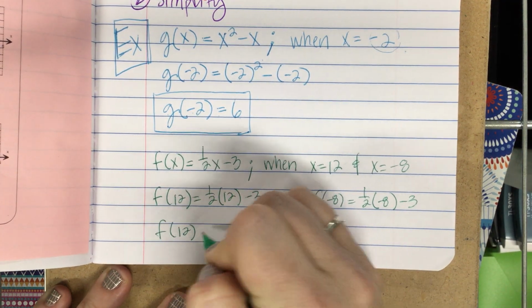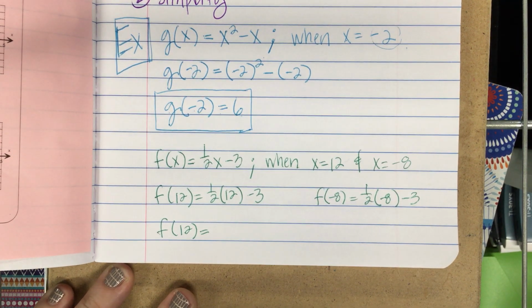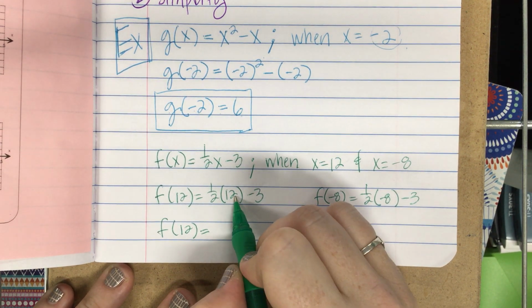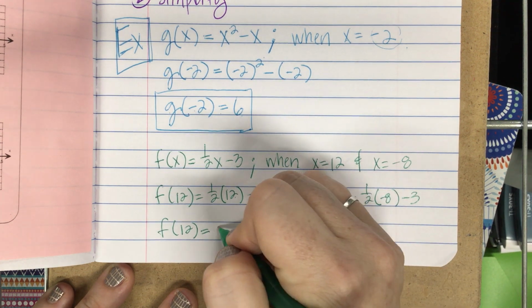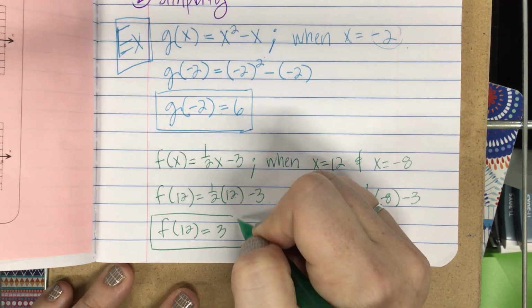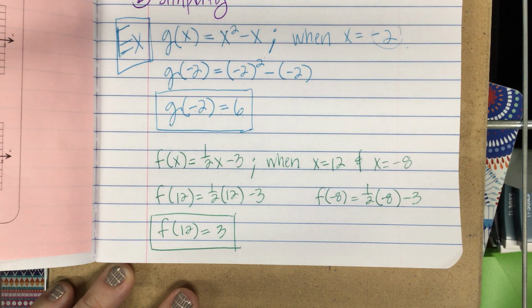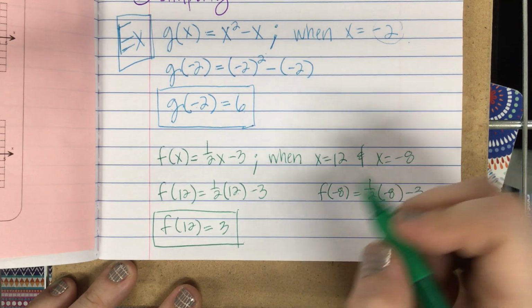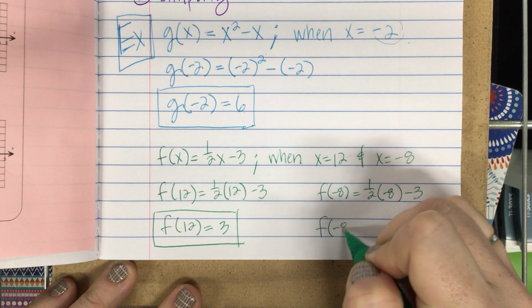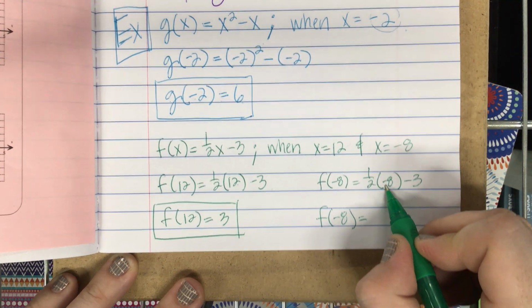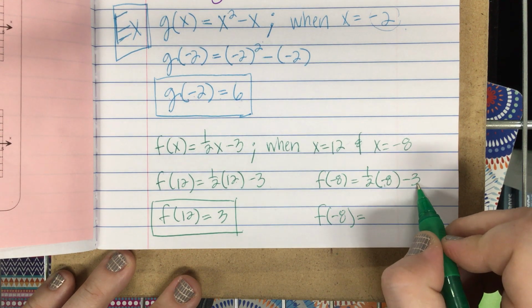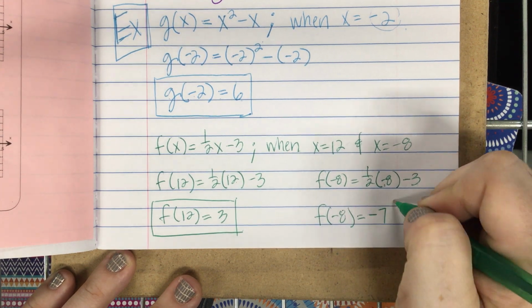So the function of 12 is what? Half of 12 is 6, minus 3 is 3. And the function of negative 8 is half of negative 8 is negative 4, minus 3 is negative 7.